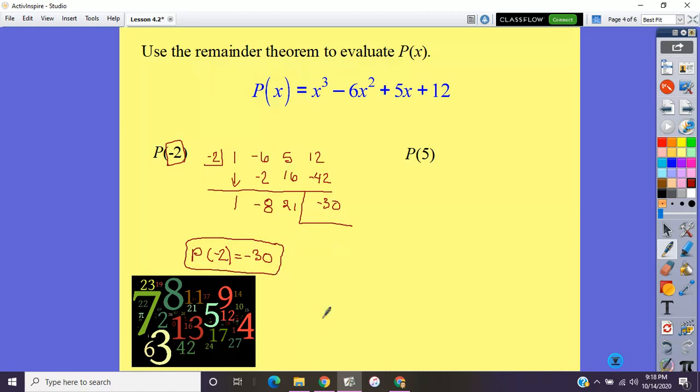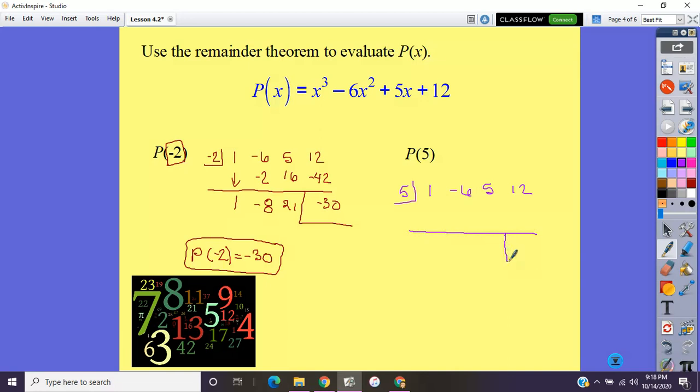So I want you guys to pause the video and try this one. And then we'll work through it right here as an example. So if you haven't paused yet, you might pause. Otherwise, we're going to just roll right in. So like I said, we don't change this. So we're going to have 5 in our box. And then our coefficients will look exactly the same as they did. Negative 6, 5, and 12. Sometimes our numbers get a little bit bigger, but we will find out here.